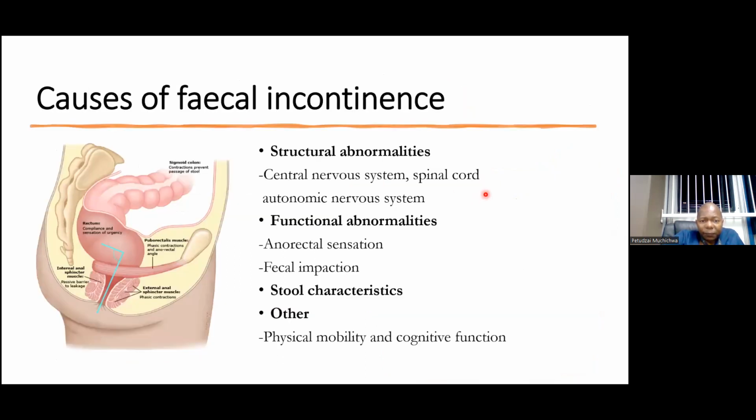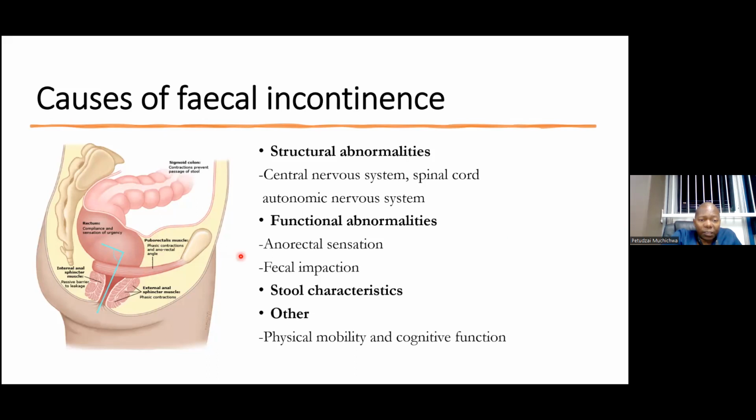Causes of fecal incontinence. When we look at it, we look at, as I said, structural abnormalities. Key to that, as I said, is the puborectalis muscle. If you have damage to these, especially in patients that go into labor, obstructed labor, they can damage these.